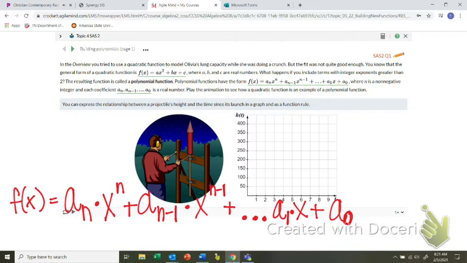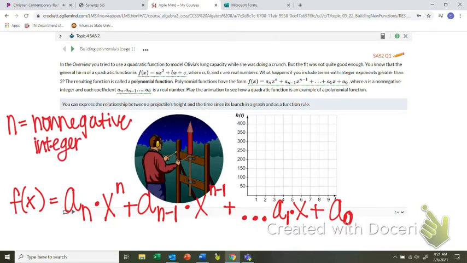So I also want you to add n equals non-negative integer. And the n that we are referring to right here is the n in the exponent.